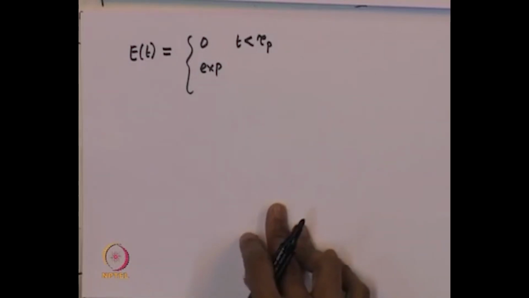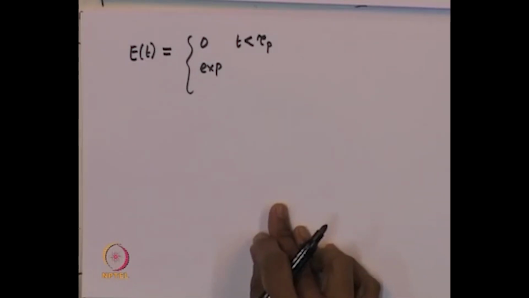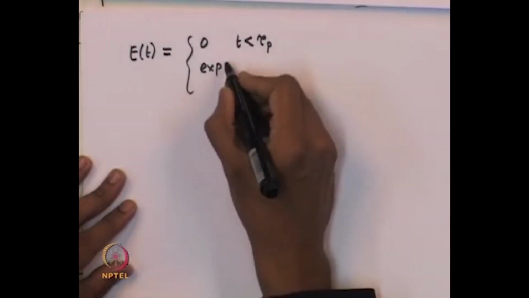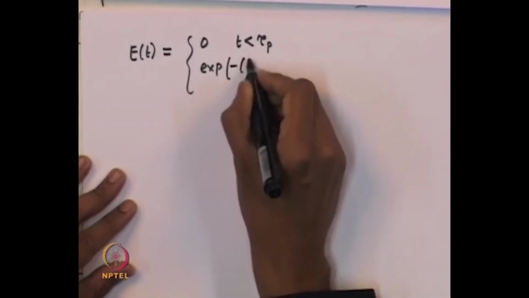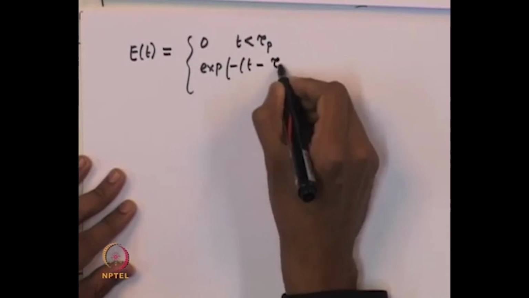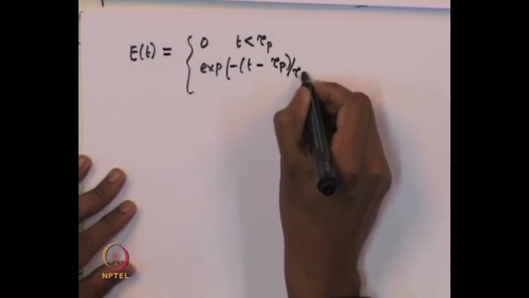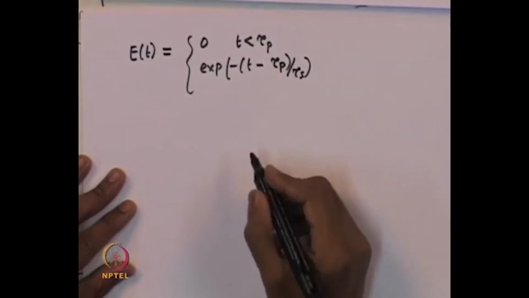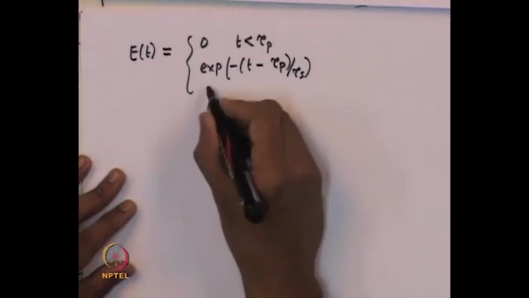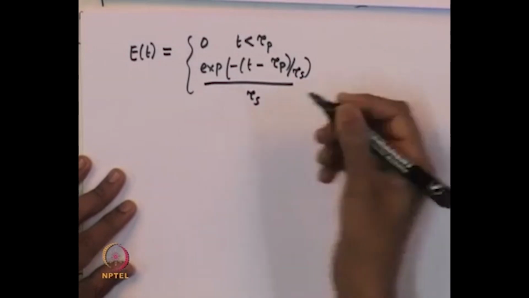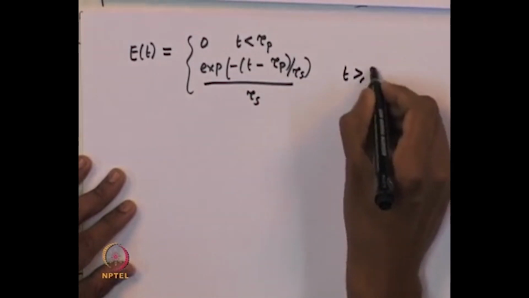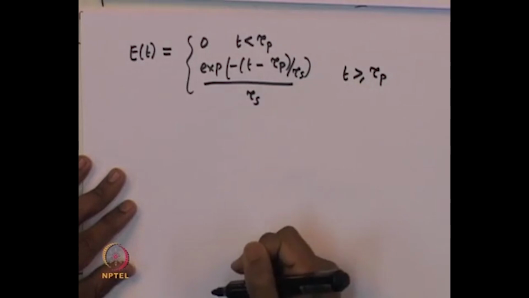So it will be equal to 1 by tau s times exponential of minus (t minus tau p) divided by tau s, for t greater than or equal to tau p.